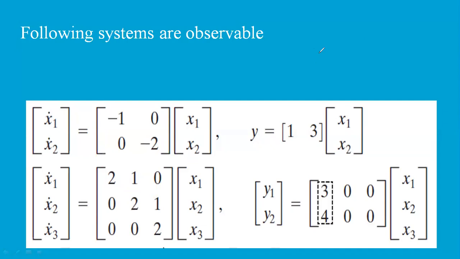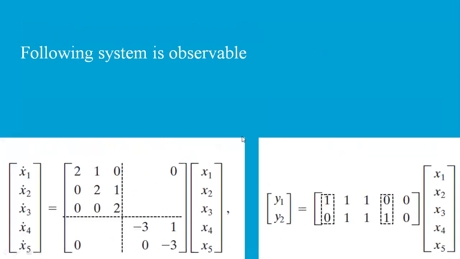Similarly, here also the system is observable. How many Jordan blocks are there here? There are two Jordan blocks. This is one, and this is one more.